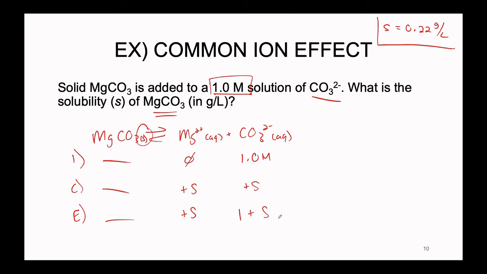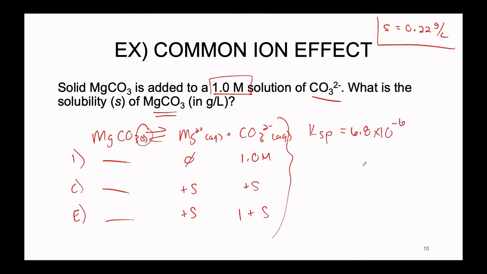Okay, so here now we have a way to calculate what the S is going to be using our equilibrium expression, right? Our solubility product for this species, which was given before, is 6.8 × 10⁻⁶. This value is still the same.